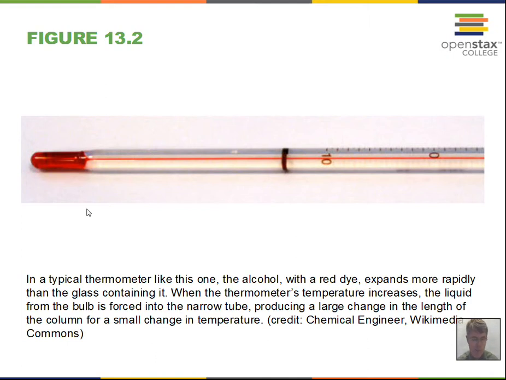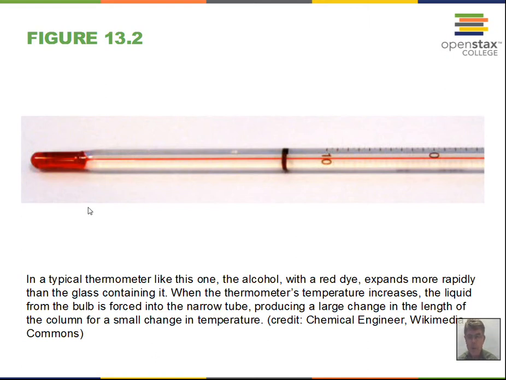Water is the common substance that's used to standardize our temperature, with 0 degrees on the Celsius scale being one standard, and 100 degrees, the boiling point of water, being the other standard. We won't use Fahrenheit very often in this class, but you should know how to convert back and forth from Celsius to Fahrenheit.